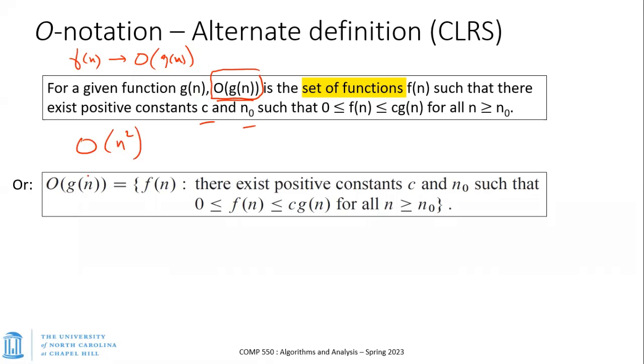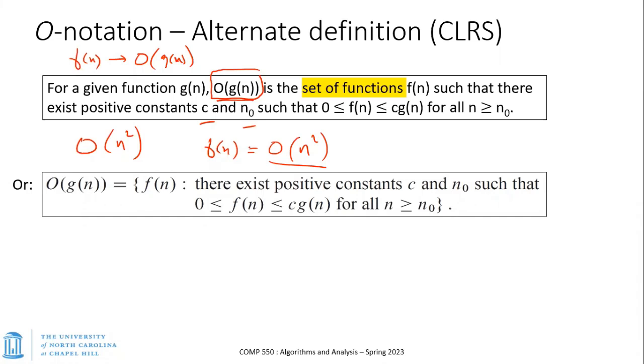Now, can we find out all the functions, the set of functions which satisfy this particular property, that f of n has to be equal to, let's say, big O of n squared? So now we're saying that the big O is actually an infinite series of functions. It's a set of functions.